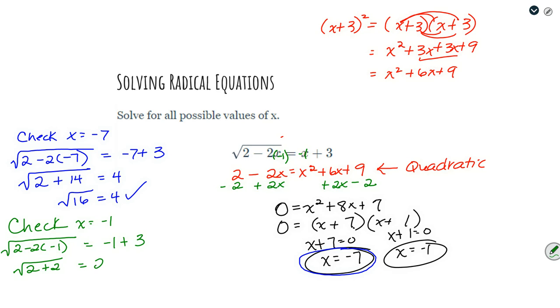Is that the same as 2? Which means I have the square root of 4. Yes, that does equal 2. So yes, x equals -1 is also a solution. If this were not true, you would just put an x through it, but that's not the case here. x equals -1 is not extraneous. So this does have two solutions.